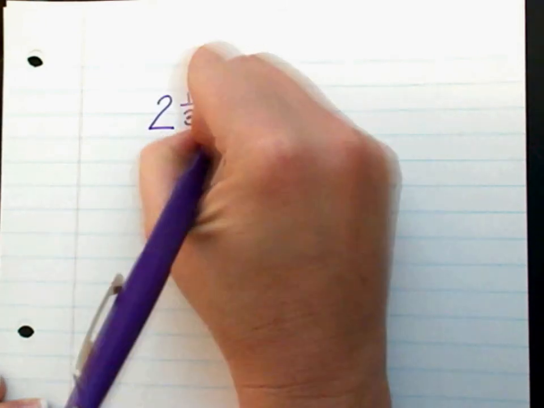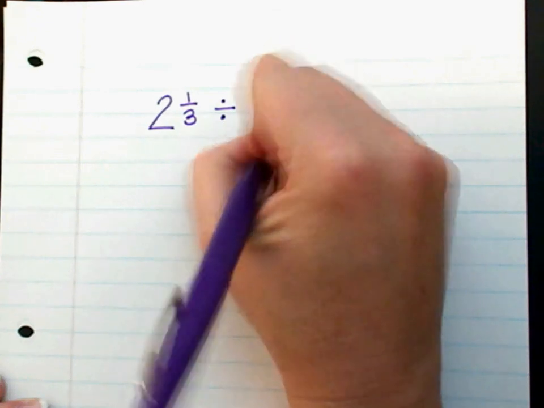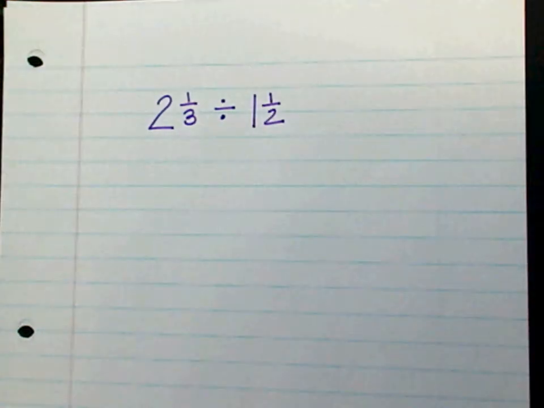Let's do one that is a mixed number. Remember, a mixed number has a whole number and a fraction. So let's do 2 1/3 divided by 1 1/2. First thing you should notice is we do have a mixed fraction, so we need to get them out of the mixed and make them improper.